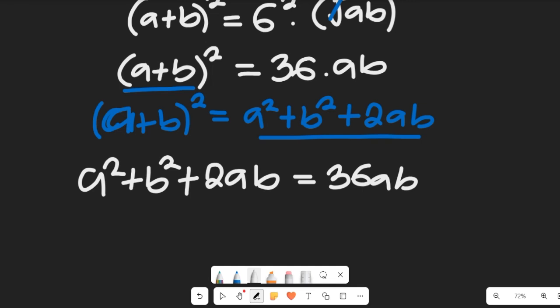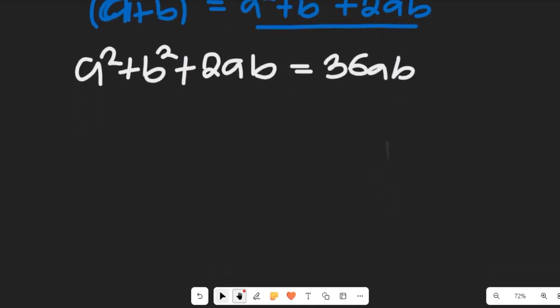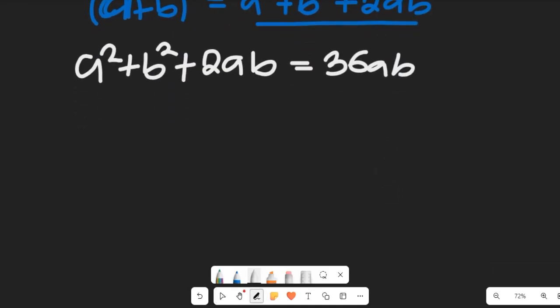36ab. Great. Now I'm going to bring 36ab to the other side so as to simplify further, thereby making the right hand side equal to 0. We have a square plus b square plus 2ab.